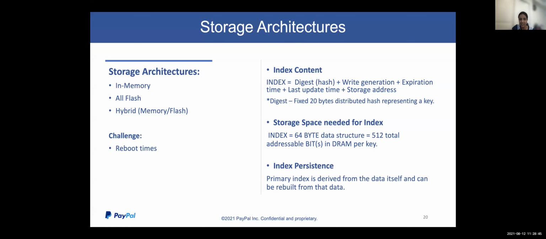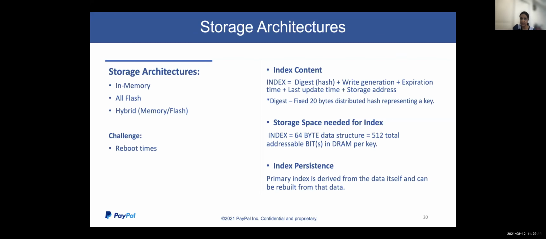The first is the digest hash key value, which basically represents where the data is stored, which node of the cluster the data is stored. The second is the write generation count, that means how many times a record has been written. The third is the expiration time, that is time to live. Fourth is the last update time, and the fifth is the storage address.